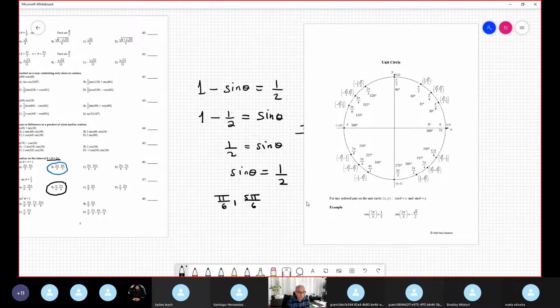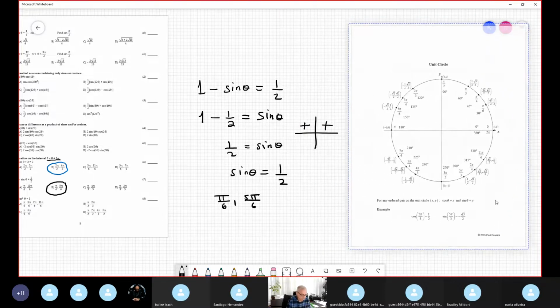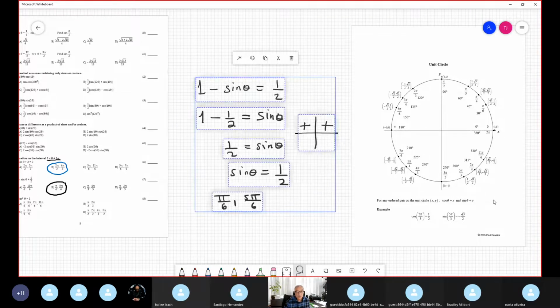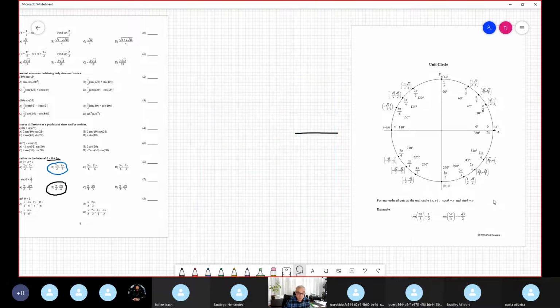Okay, let's move on to 48. 48 is a little bit more complicated because we have something squared. Suppose in 47 we have 4 times sine squared theta equals 1.